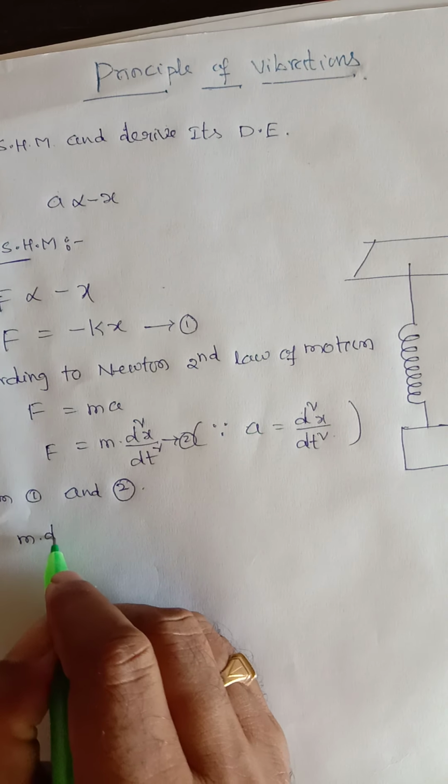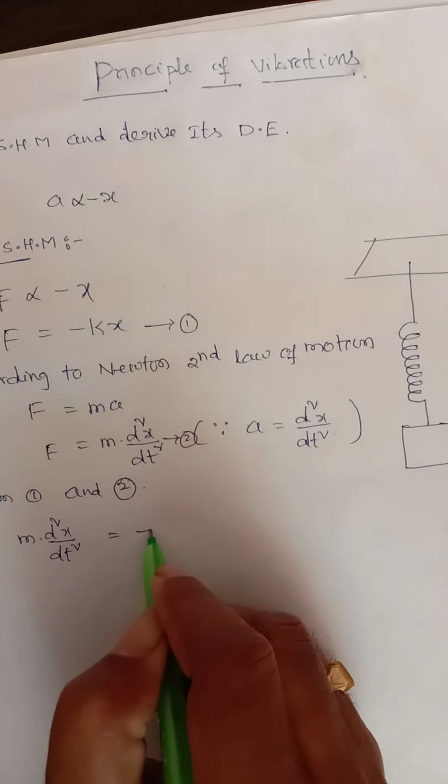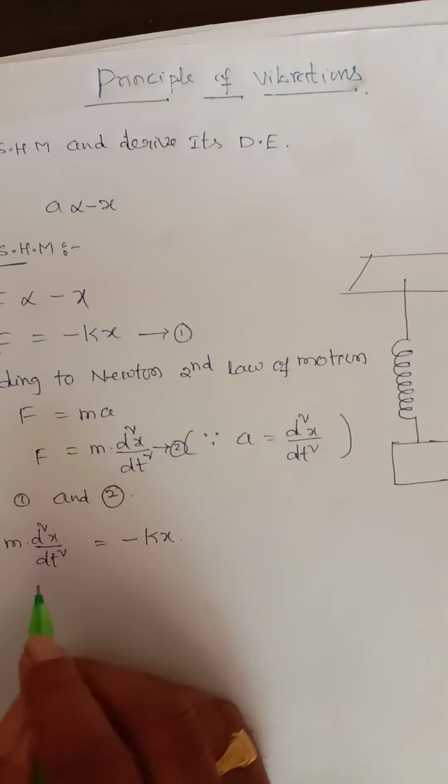m into d square x by dt square equals minus kx.